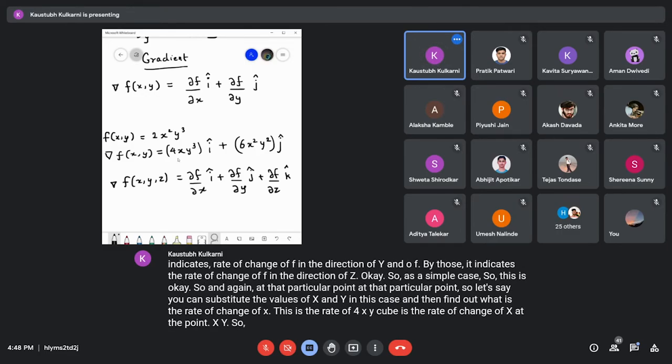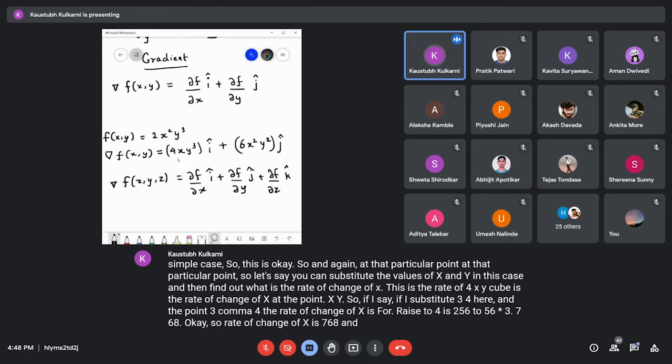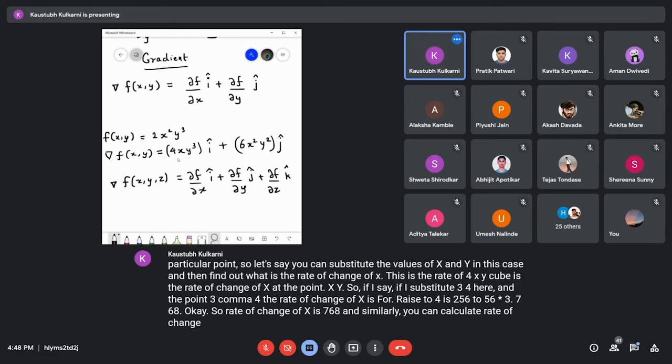So if I substitute 3, 4 here, at the point 3, 4, the rate of change of x is 4 raised to 4, which is 256. 256 multiplied by 3 is 768. Okay, so rate of change of x is 768, and similarly you can calculate rate of change of y. You get the point? So this is the physical interpretation of the gradient.